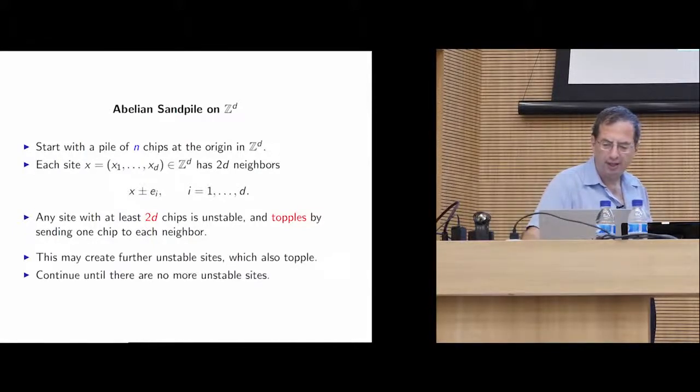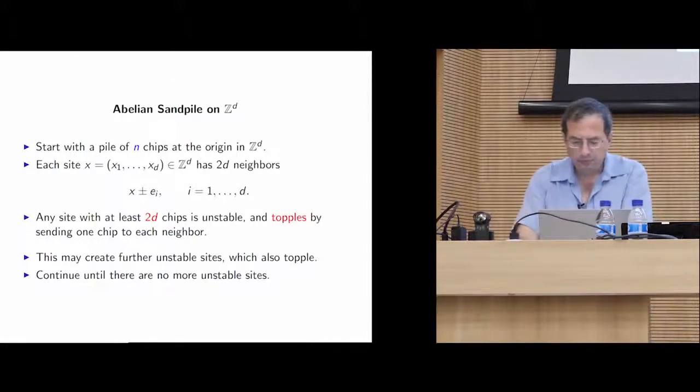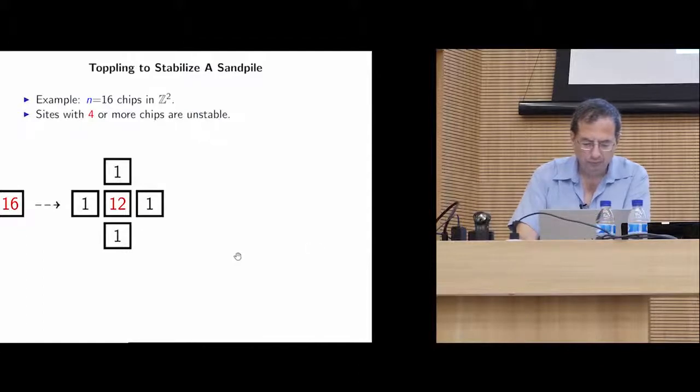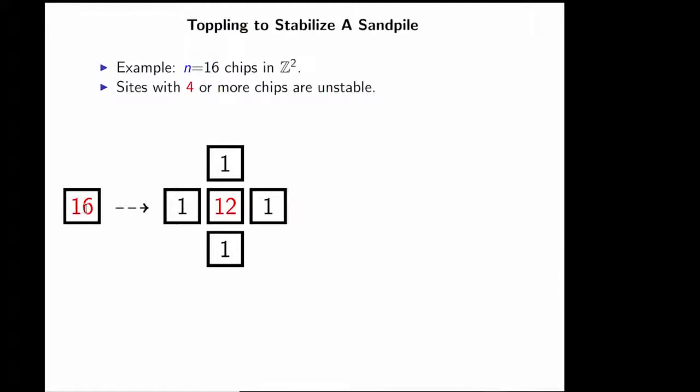So let's see this in an example. Say we start with 16 particles at the center. When you have 4 or more, you send 1 to each neighbor. So this is the fair division that I was referring to.